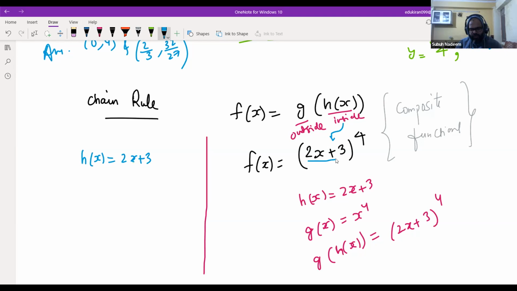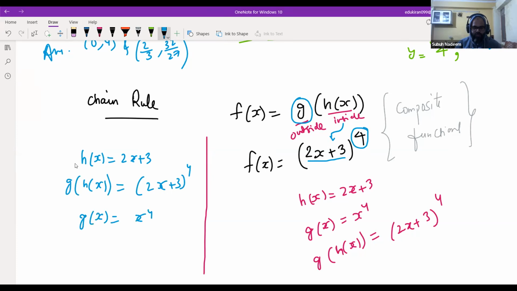Now if you take power 4 of that function, that is the outside function g acting on it. So g(x), the outside function, is x to the power 4. Will it be x raised to 4 or 1 raised to 4? x raised to the power 4.